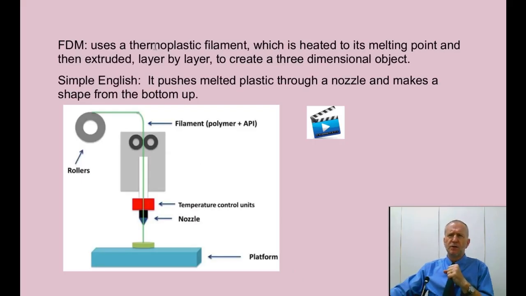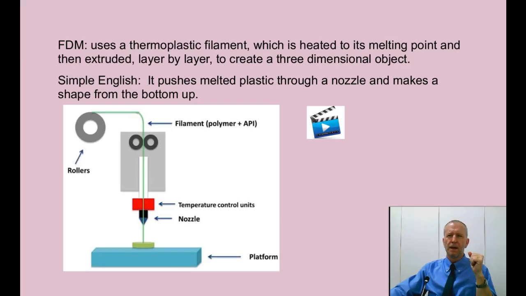Now, FDM uses a thermoplastic filament which is heated to melting point. We talked about that before. And then extruded, which means pushed out, layer by layer, to create a three-dimensional object. I like to say it in simple English. It pushes melted plastic through a nozzle and makes a shape from the bottom up.